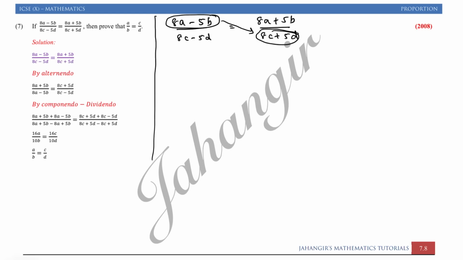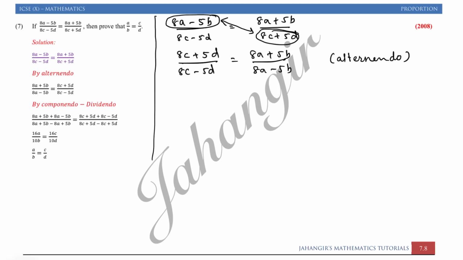We will take alternando and we will shift these two terms. So I will get by alternando, 8c plus 5d upon 8c minus 5d is equal to 8a plus 5b upon 8a minus 5b. So this you can write as alternando.